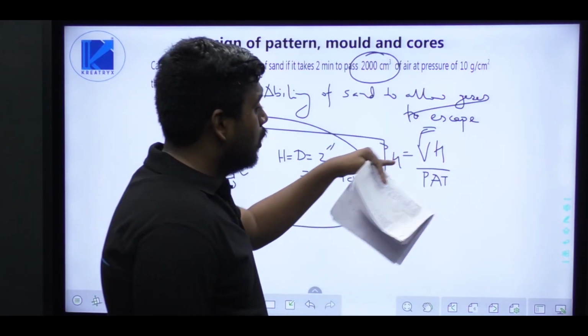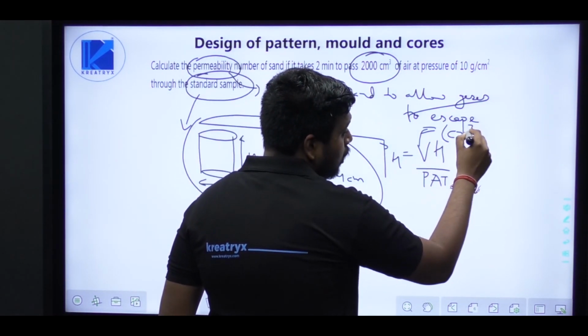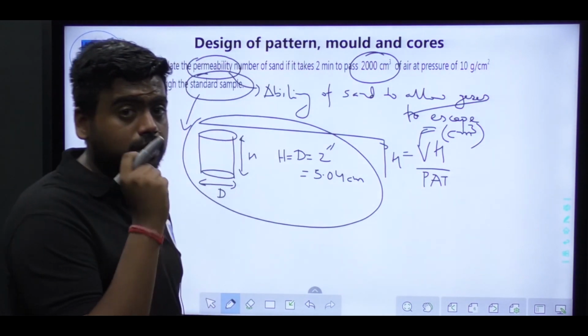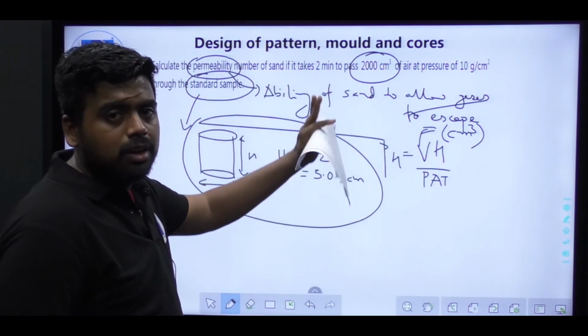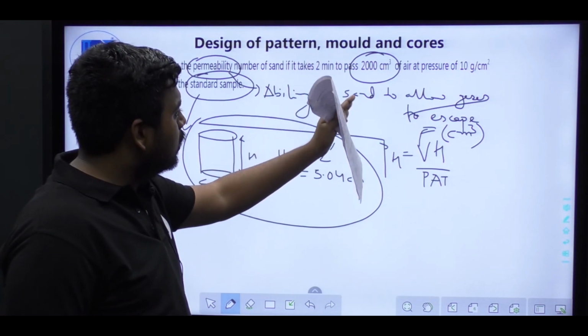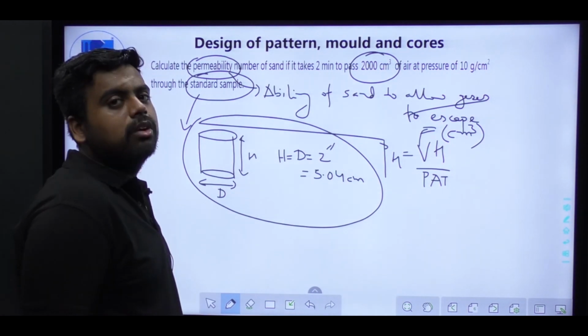The unit of the volume should be in centimeter cube. You should keep a check on the units while solving this question. Here the volume has already been mentioned in centimeter cube, so you need not convert it.